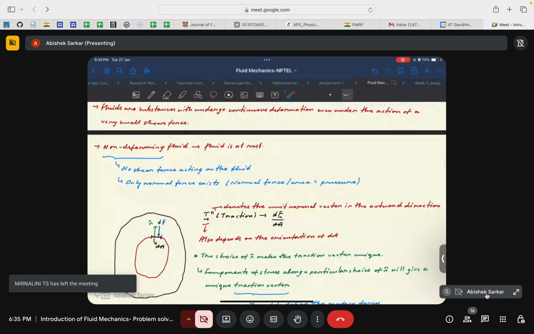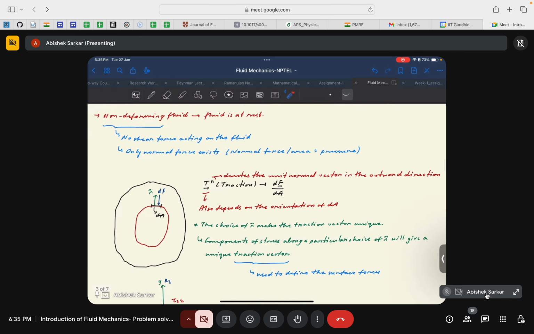So when the fluid is at rest, there will be no shear force, but only normal force that would exist, and this normal force is essentially termed as the pressure. So normal force per unit area in the case of a stationary fluid is known as pressure.